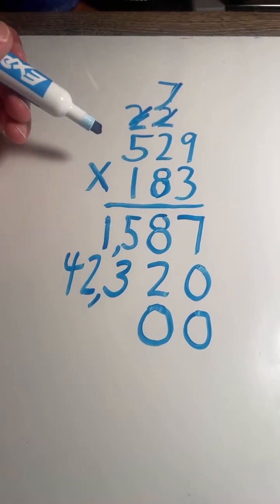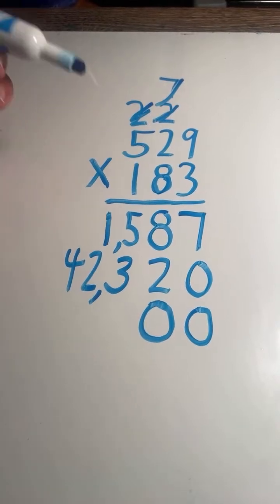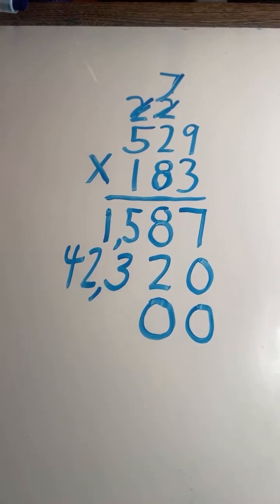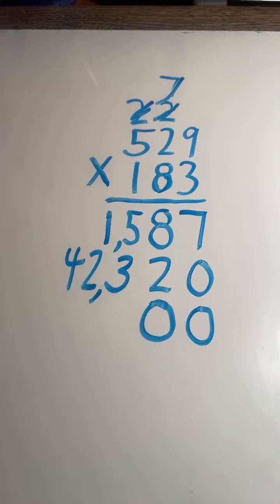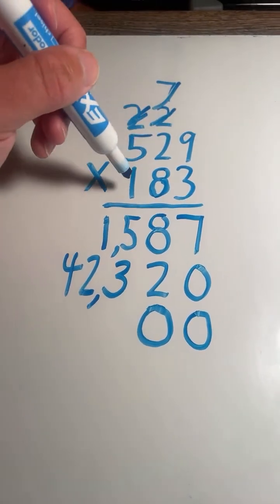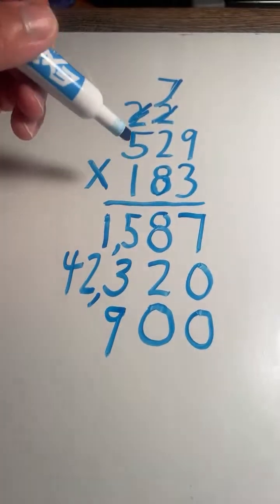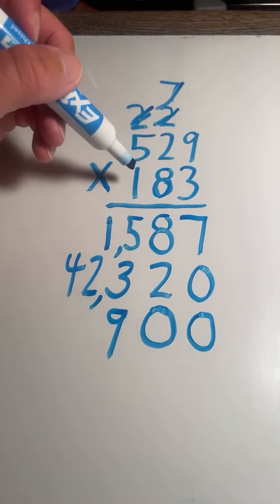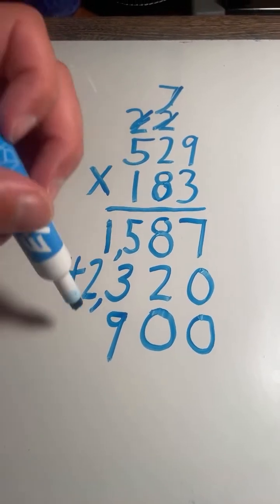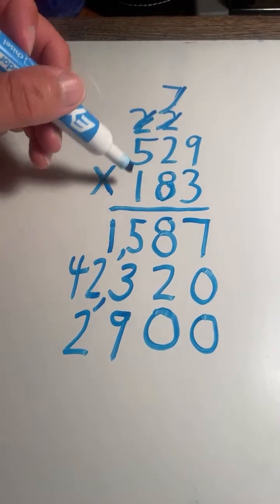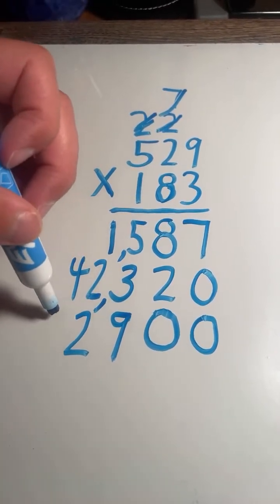All right. Now the last step of multiplication is very simple because anything multiplied by 1 is going to be the number itself. It's going to stay the same. So 9 times 1 equals 9. 2 times 1 equals 2. 5 times 1 equals 5.